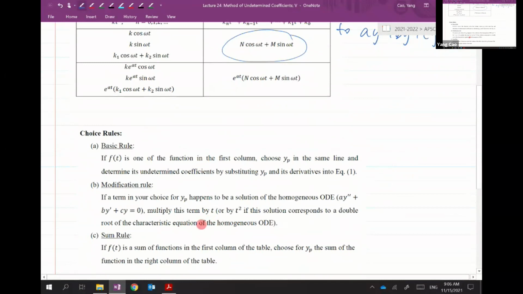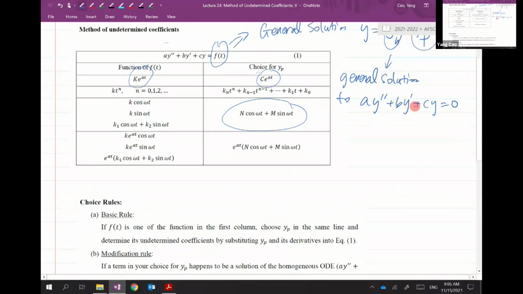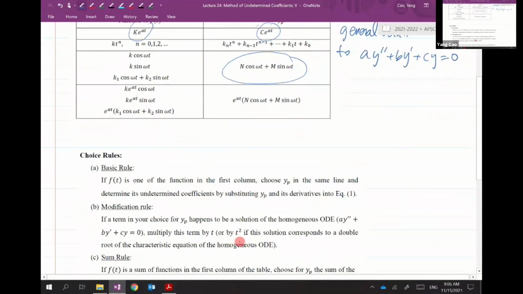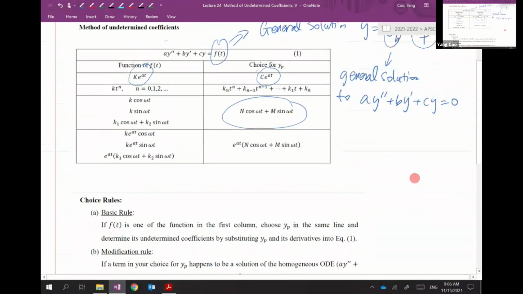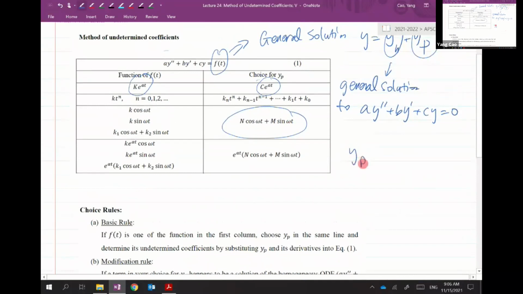Sometimes you do have a repeated root. When you solve for YH, the solution might have a repeated root, so there is a chance that your choice of YP duplicates twice. In that case, we have to multiply by t squared. So the bottom line is that YP needs to be different from the Y1 and Y2 for YH.